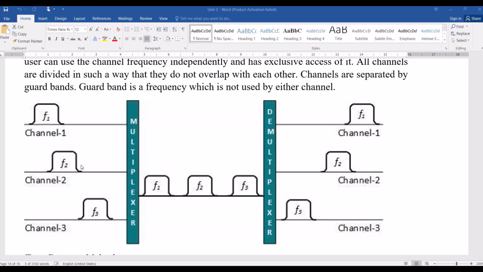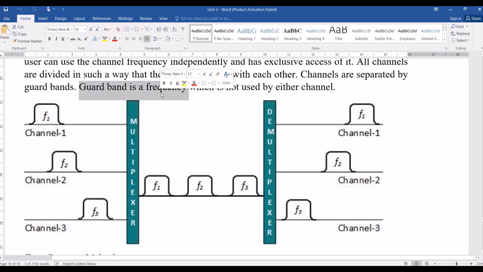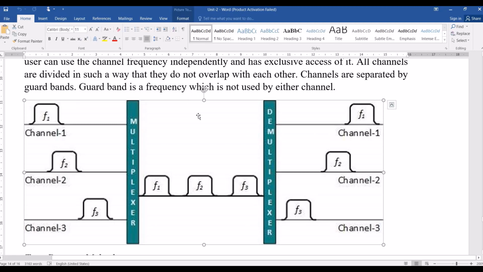But one more thing: if we send all these frequencies 1, 2, 3 at the same time without splitting them, they collide and interfere with each other. Then between these frequencies we need a guard band. Guard band means a small frequency allocated between these frequencies to prevent interference with each other.